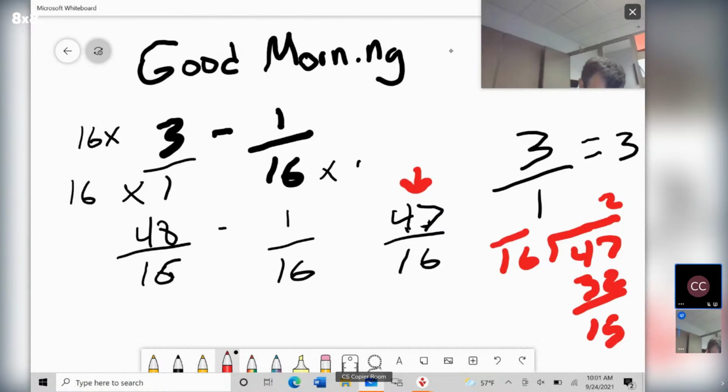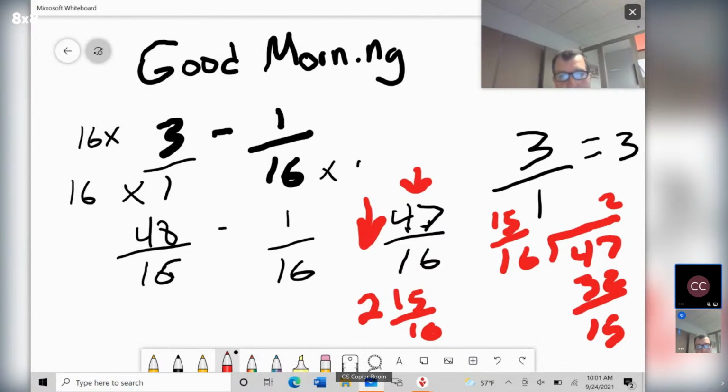And I put the 15 over the 16. So what this is going to be is 2 and 15 over 16. Now these two numbers are exactly the same: the 47 over 16 and 2 and 15/16.